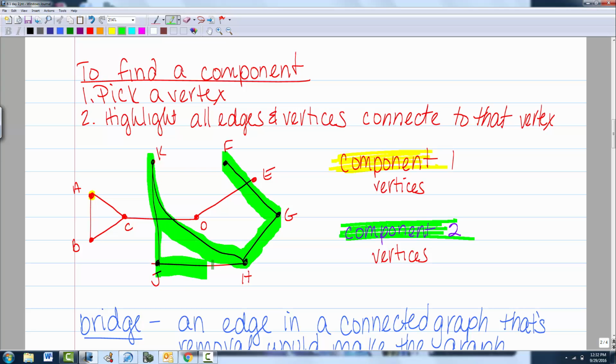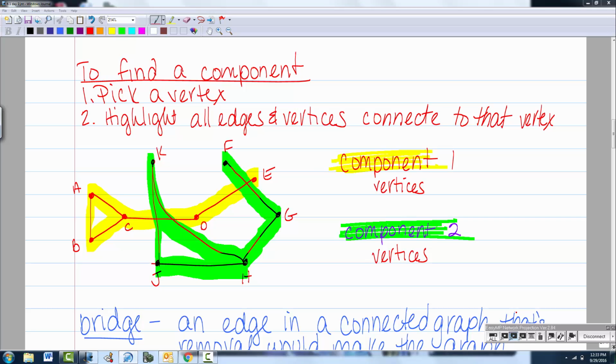This, and this. Whereas these are connected, but not connected to anything in the green. So those are called two different components of this one graph because they are not connected. So we have two separate components.